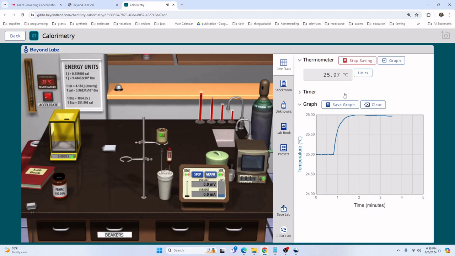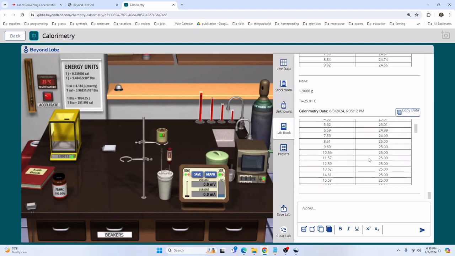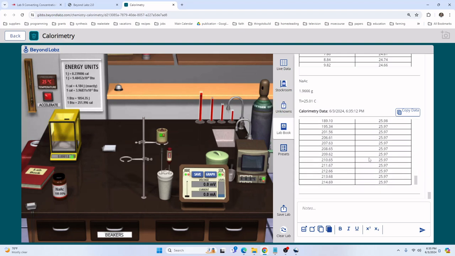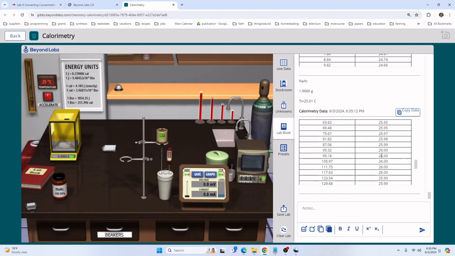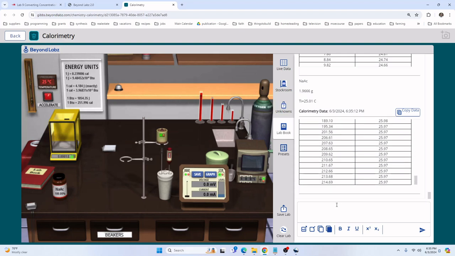So probably our maximum temperature was 26.00. You can look at the graph if you're not sure, because we want that maximum or minimum temperature. And our maximum was 26.00. So we're going to say T sub F equals 26.00.